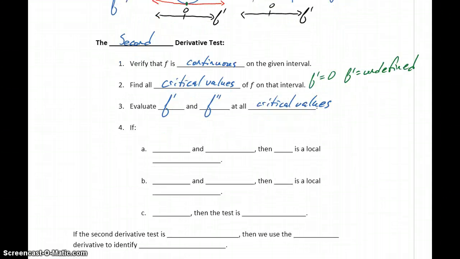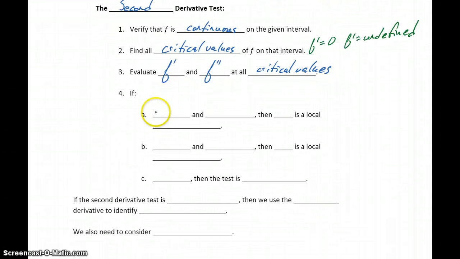And then we would have 3 different cases to consider. If f prime of c is equal to 0, and f double prime of c is greater than 0, so we know the first derivative is equal to 0 and the second derivative is greater than 0, so our function is concave up, then c has to be a local minimum.